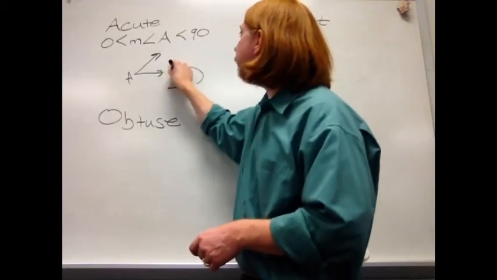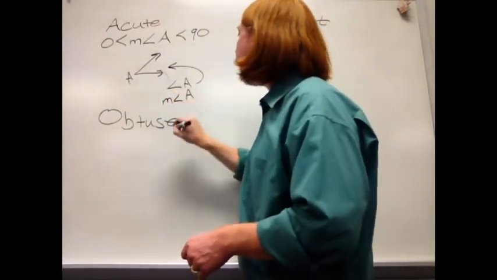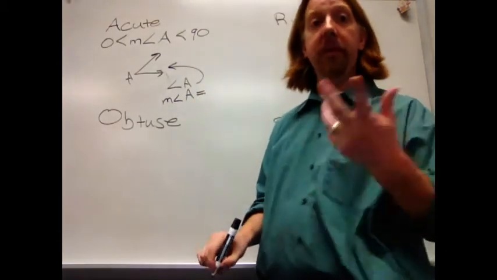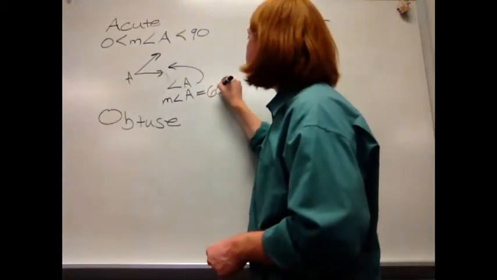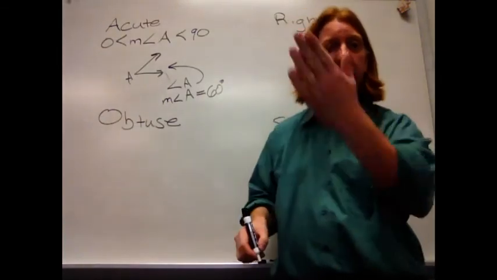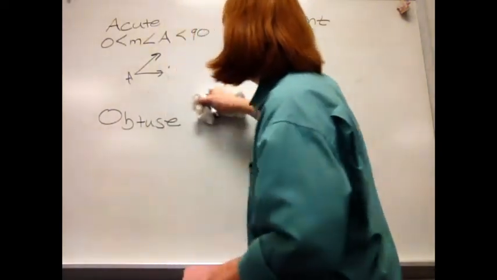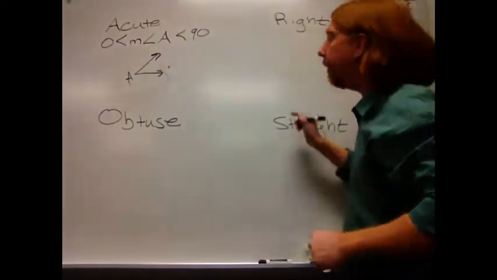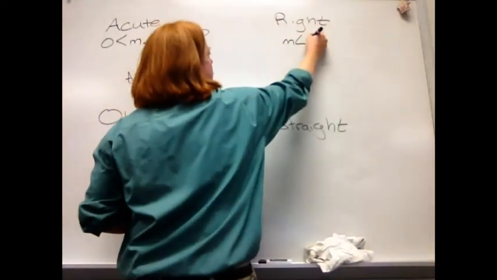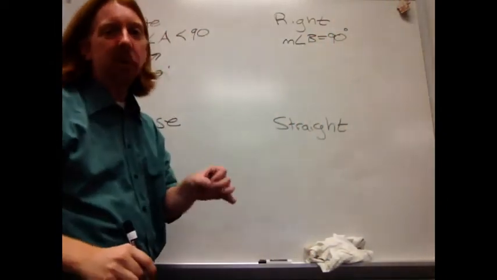Angle A is a thing. The measure of A is a number. In this case, perhaps it's 60 degrees. So that would be acute because it's less than 90, greater than 0. A right angle, then, has a measure exactly equal to 90.